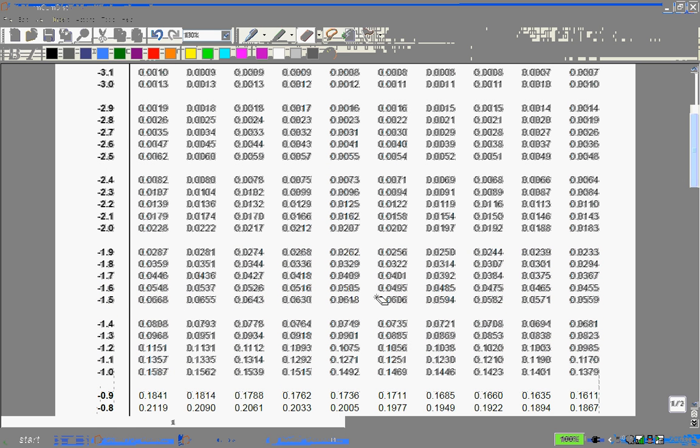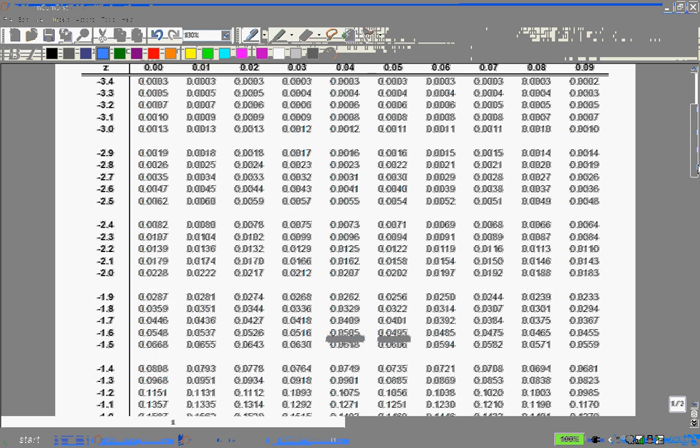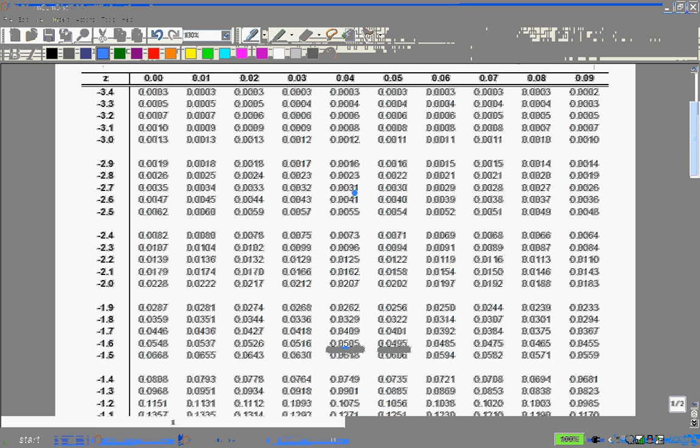Okay, looks like we're somewhere down here to find that value. Right here, 0.05 and 0.045, and those seem like they're on either side of the value we're looking for. The z-score that goes with that is 1.64 or 1.65. Again, you could choose either one, or you could split the difference and say 1.645.